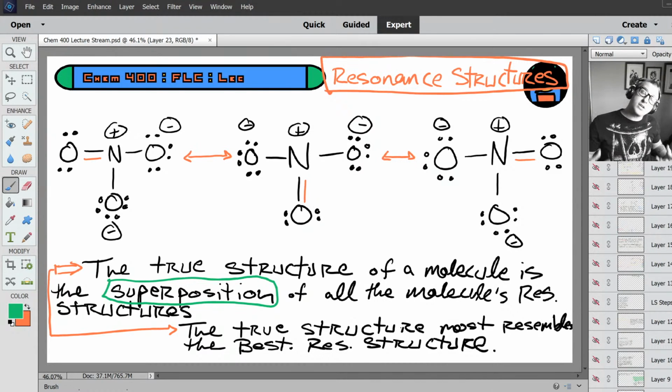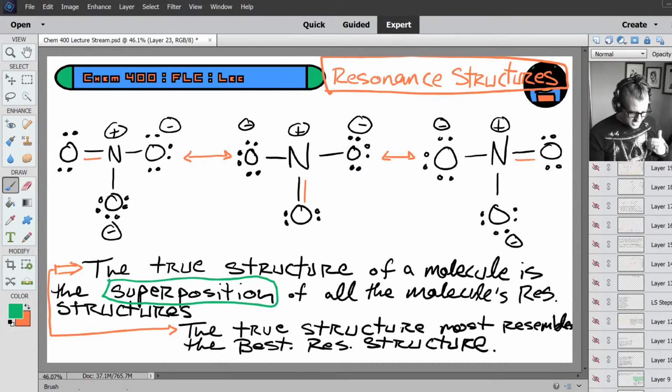That is what the actual structure of a molecule is in relationship to its resonance structures. The way to think about the resonance structures is they are snapshots, individual photos of a molecule almost from different perspectives. But the true structure of the molecule is all of those things combined, just like I am the combination of both my right and left profiles.